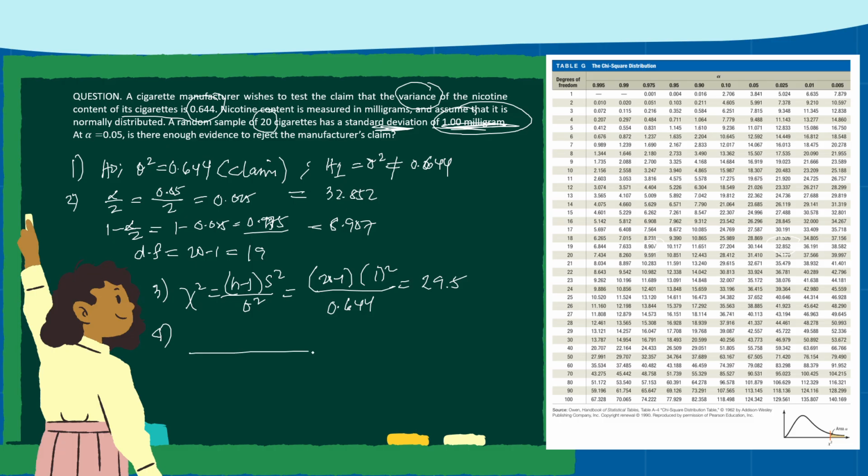So by graphing, this is for 0.025. The left one is 8.907, and the right one is 32.852.